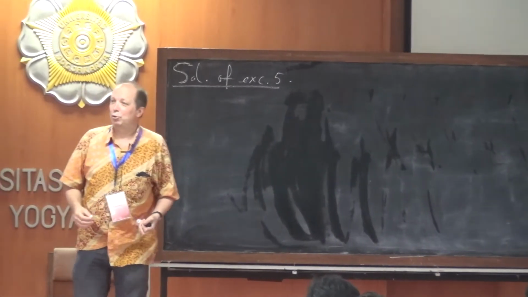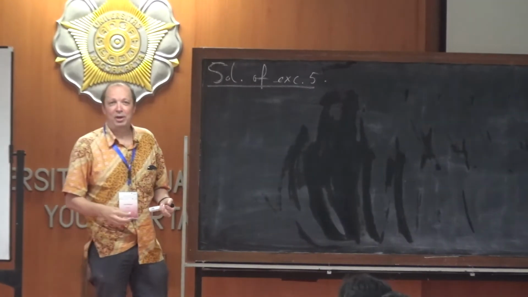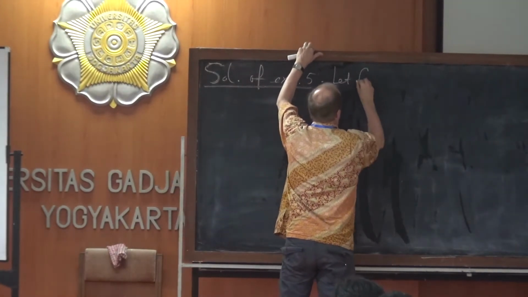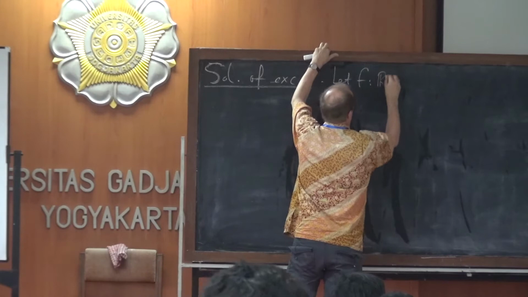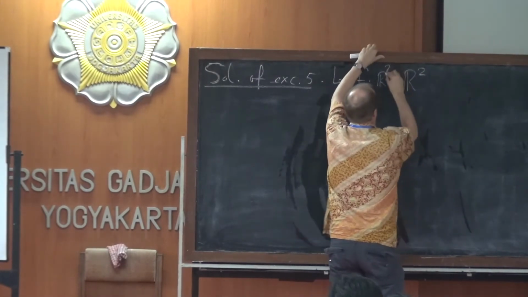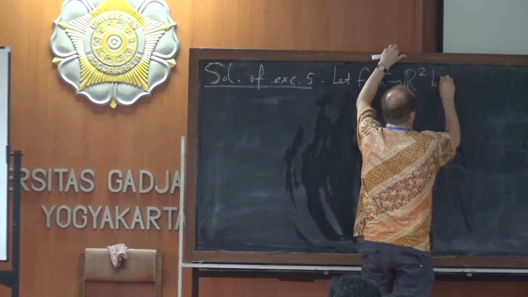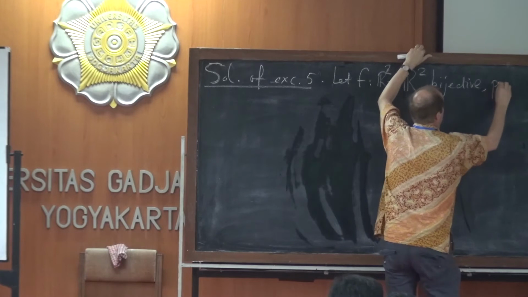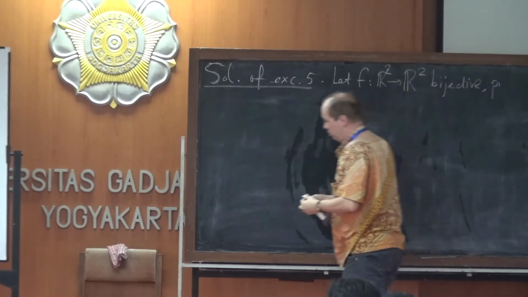And so we have to start with a map F, as in the exercise. That F from R2 to R2 be bijective, preserve lines.